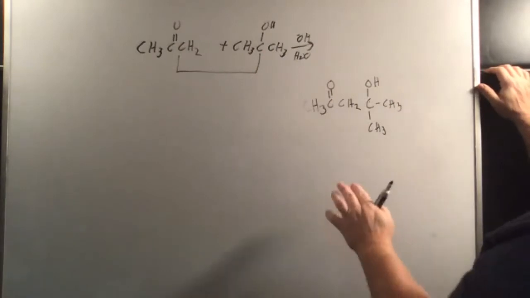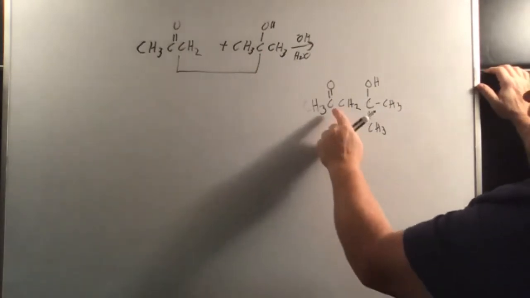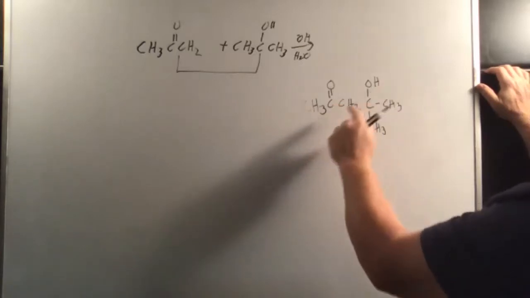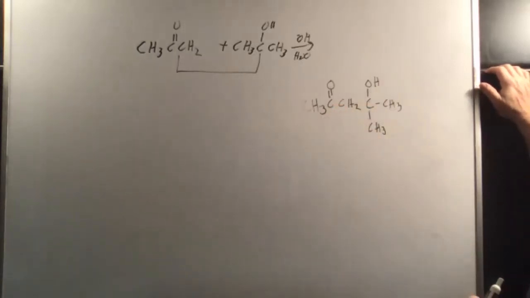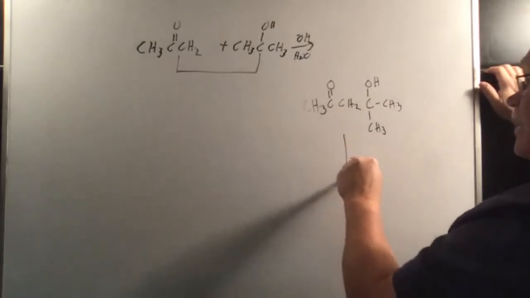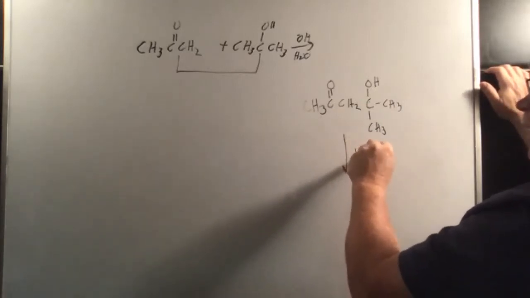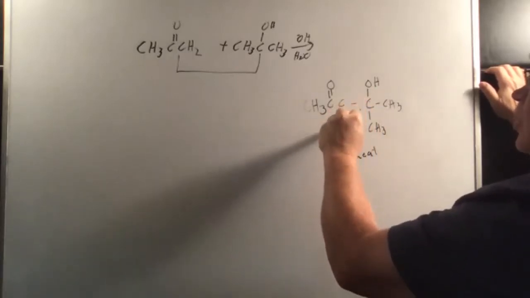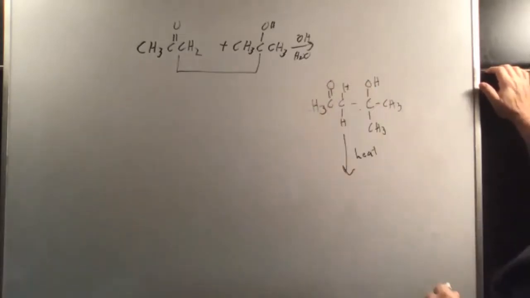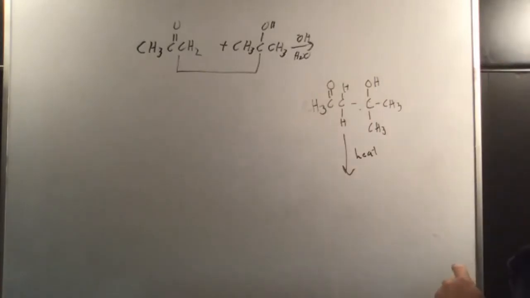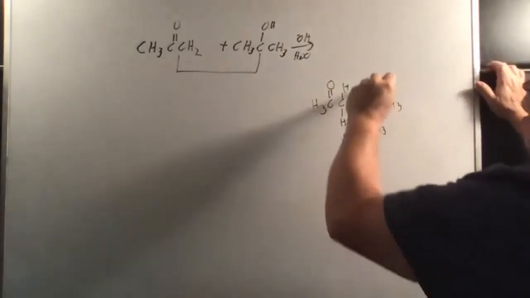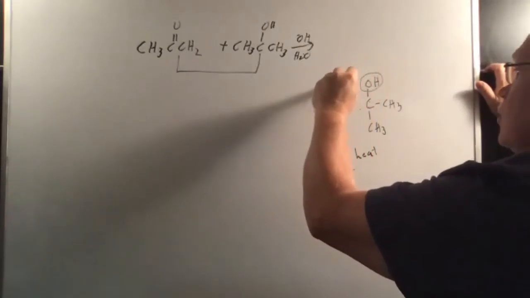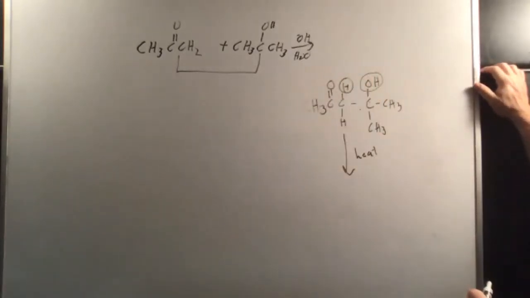Now this class of compounds, and we discussed this in the last lecture, is called a beta hydroxy ketone. We said that if you heat this compound, it can lose water. And let me redraw these hydrogens up and down. So if we draw those hydrogens up and down, we lose a water, and we lose the OH from the beta carbon and the H from the alpha carbon.